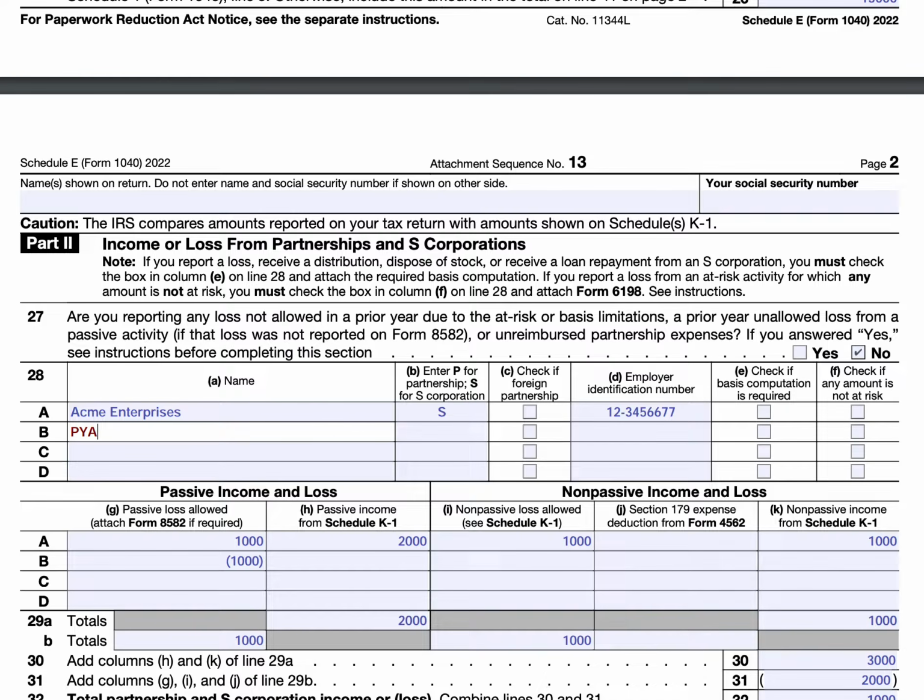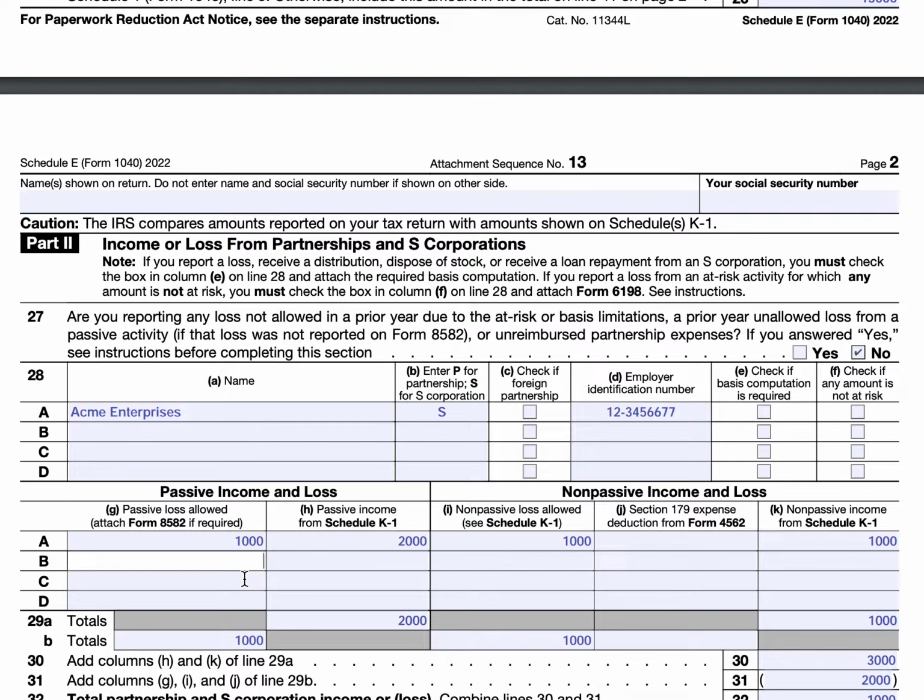And you might have a prior year unallowed loss that you can now deduct because you did not have an overall loss from passive activities and now you have passive income to offset your loss, or if you divested your entire interest in the passive activity in a fully taxable transaction, then once you divest yourself of that passive activity, you can deduct the entire loss.